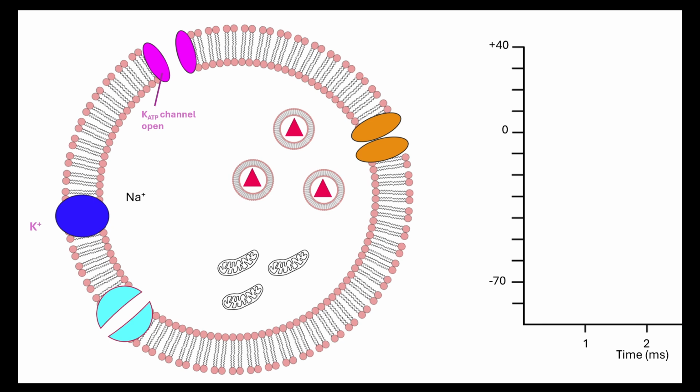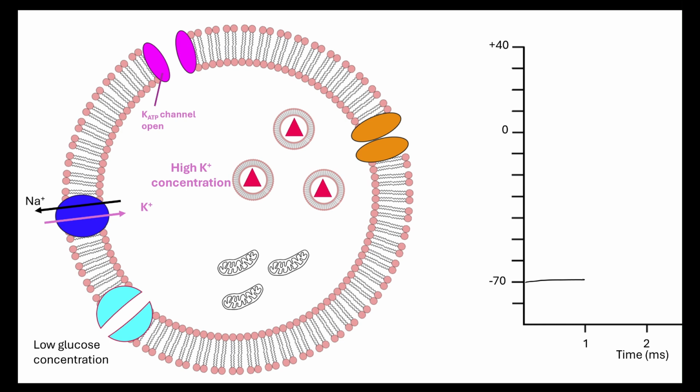So we're solely looking at the beta cell because we're looking at what happens to either inhibit or promote the secretion of insulin. So we know that if there is a low glucose concentration, the sodium potassium pump is going to be pumping, and that's going to create a high concentration inside of potassium ions.